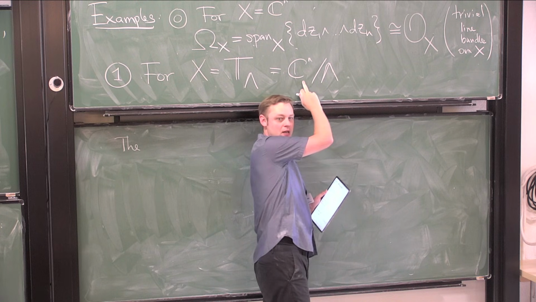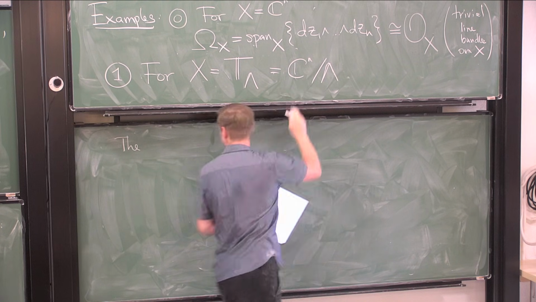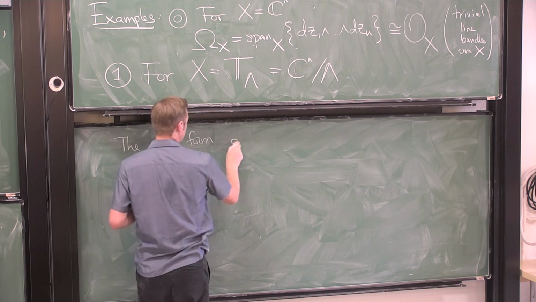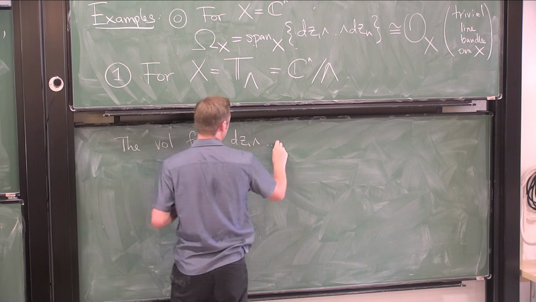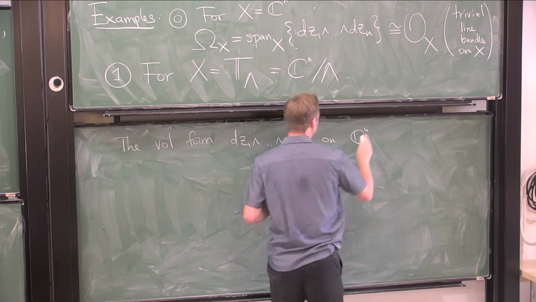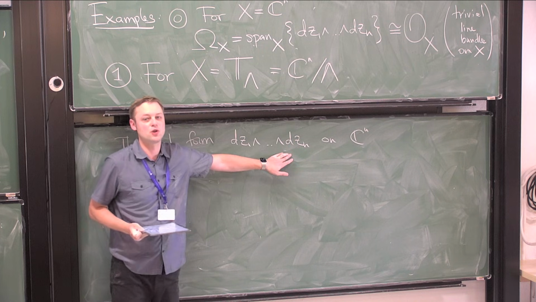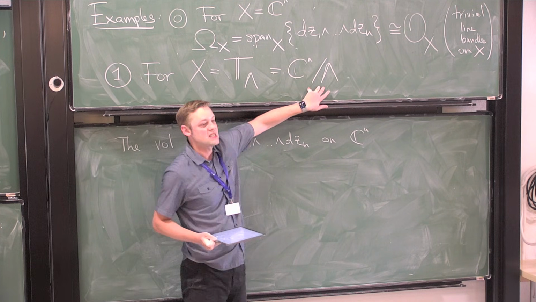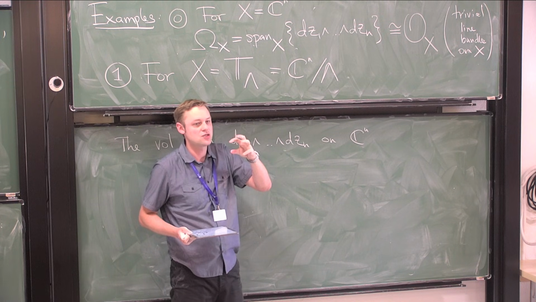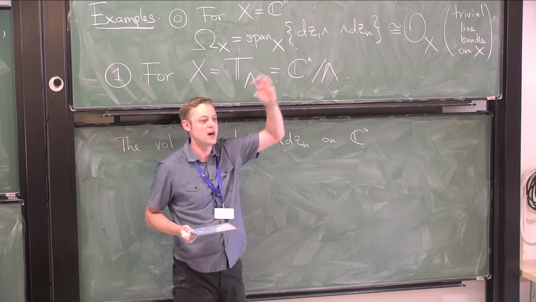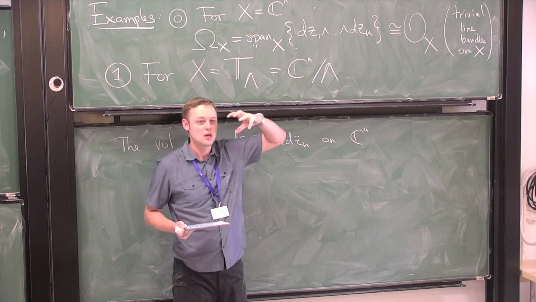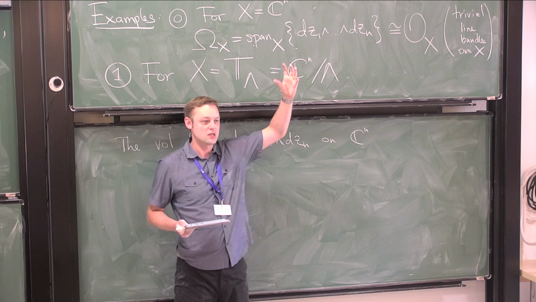Now C^n has a volume form, dz1 wedge through dzn on C^n. Let's see what happens with this volume form when we attempt to take the quotient. What is the quotient actually doing? The quotient is translating points in C^n by integer amounts. These are discontinuous, discrete changes, right?